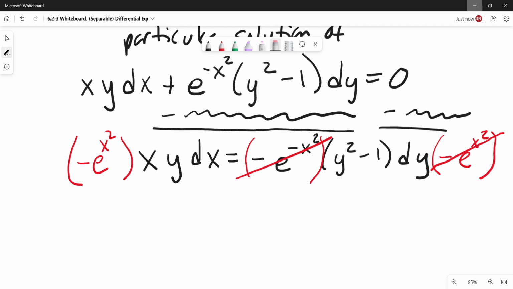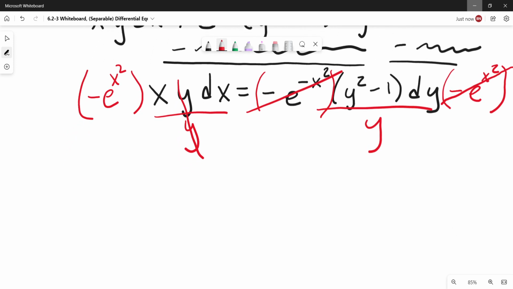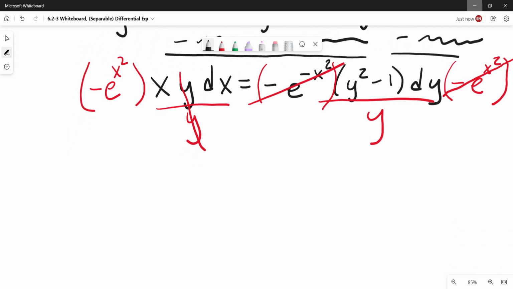So now our x's are on the left side except our y here. We need to divide by this y. So what do I have? I'm going to write this x in front of this.